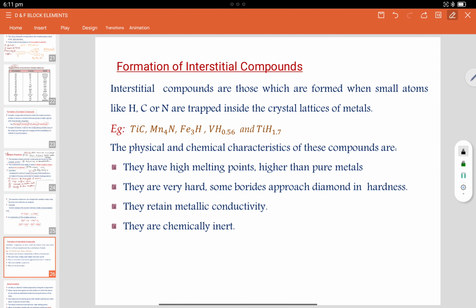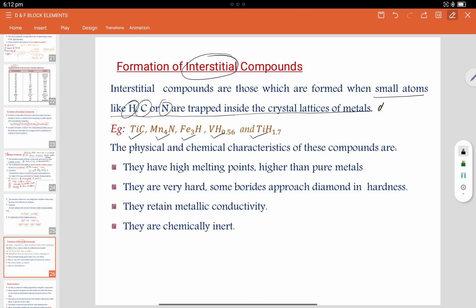Now the formation of interstitial compounds. Interstitial compounds are those which are formed when small atoms like hydrogen, carbon, nitrogen are trapped inside the crystal lattice of metal.